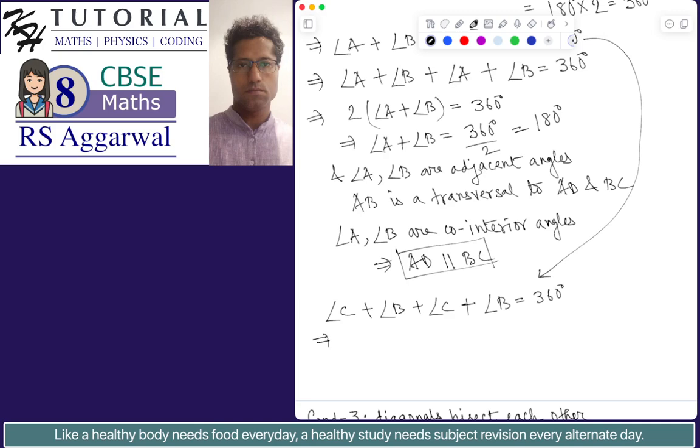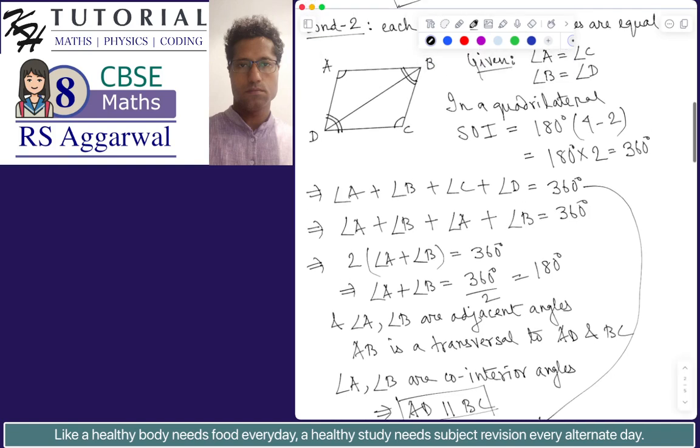Similarly as before, we will have angle B plus angle C is equal to 360 degrees divided by 2. So this implies angle B plus angle C is equal to 180 degrees.